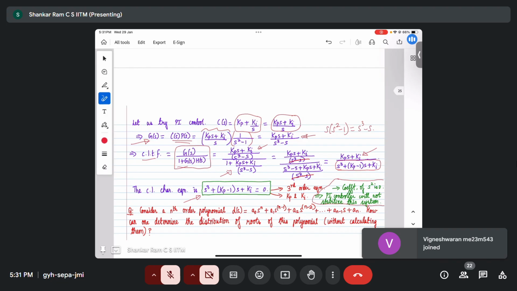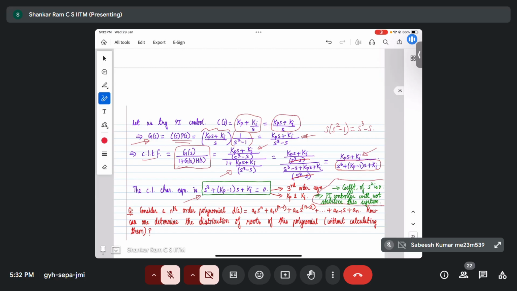At this point, you and I do not know what to do, how to go further, because we have a cubic polynomial, or a third order polynomial. We have three roots, which will be the closed loop roots. Then you and I need to figure out under what conditions on Kp and Ki all the three roots lie in the left of the complex plane.